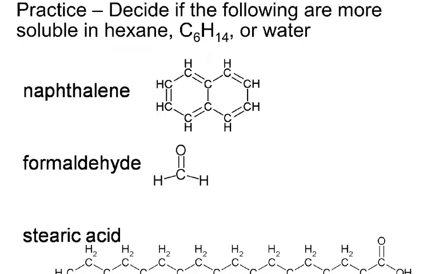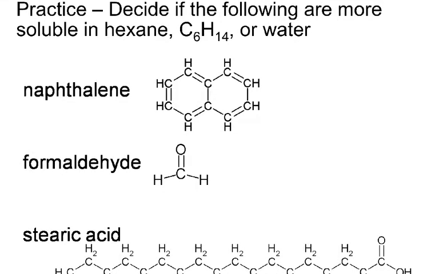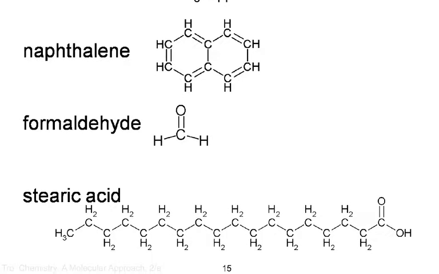One more example. Decide if the following are more soluble in hexane, which is C6H14 and nonpolar, or water. So take a look, make your predictions. Naphthalene is all carbons and hydrogens, so it's going to be more soluble in hexane. Formaldehyde is polar, and so it's going to be more soluble in water.